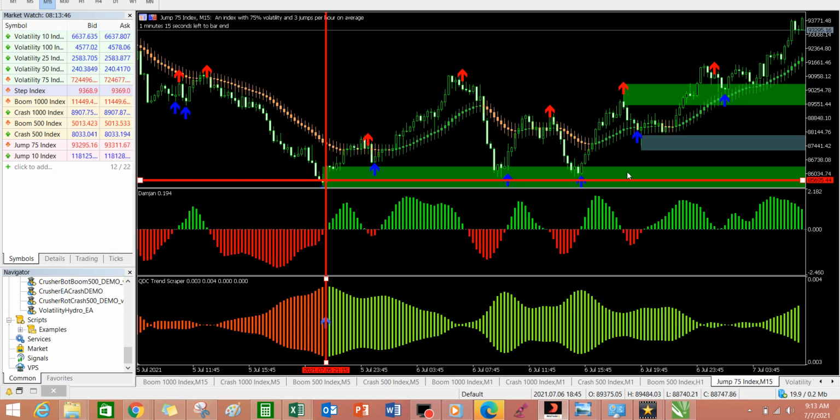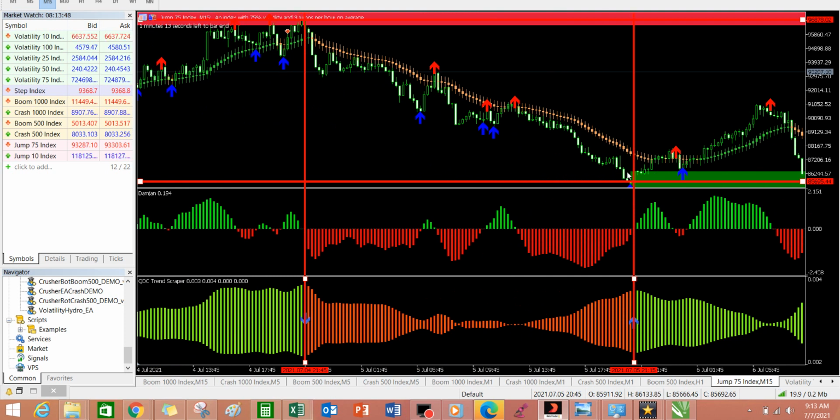Then another way to go about it, especially for those with small trading capital and those yet to develop confidence in their trading activity, is to understand that a trend is starting right here. Check out here, a trend is starting and we've gotten a sell signal.